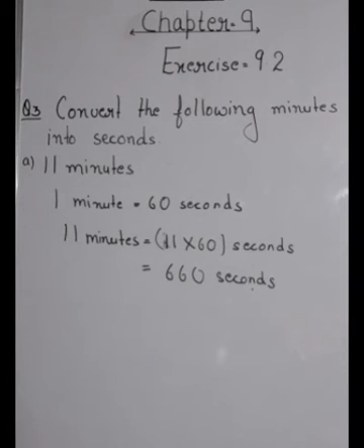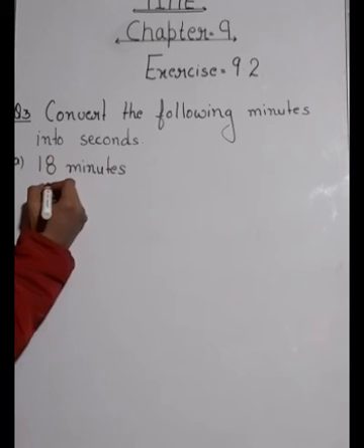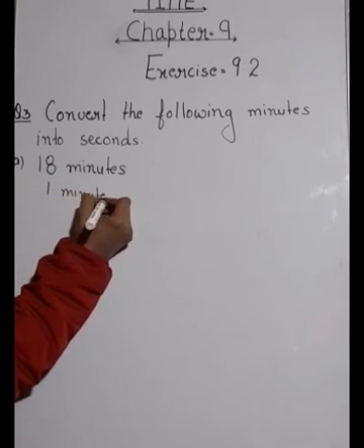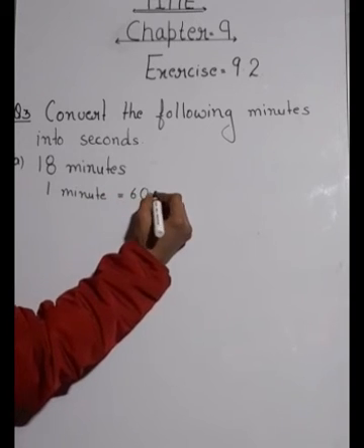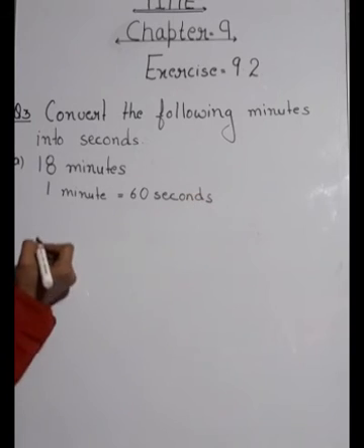And when you multiply these two, you are getting 660 seconds. Okay, we will do one more question. Now its B part is you have to convert 18 minutes into seconds. So you will write 1 minute is equals to 60 seconds. Okay.